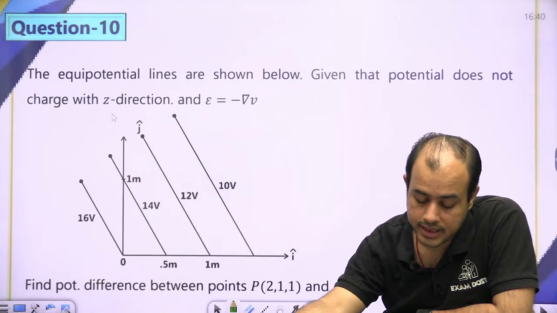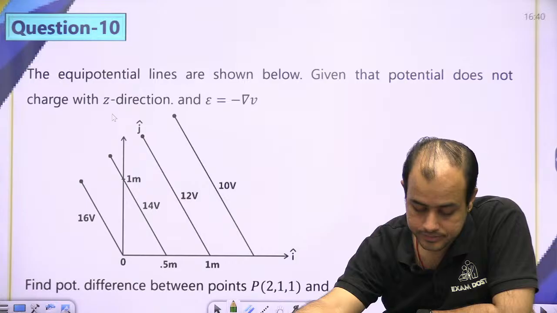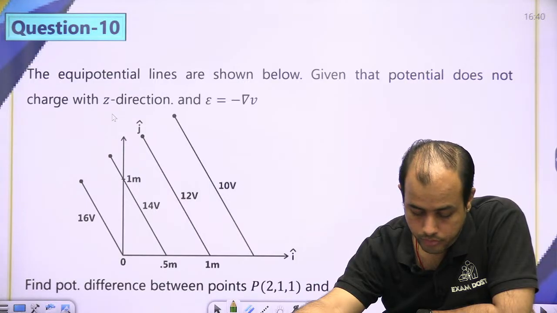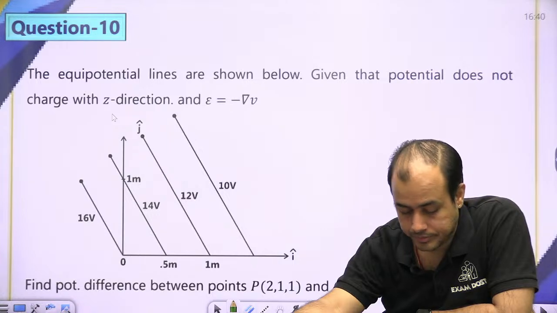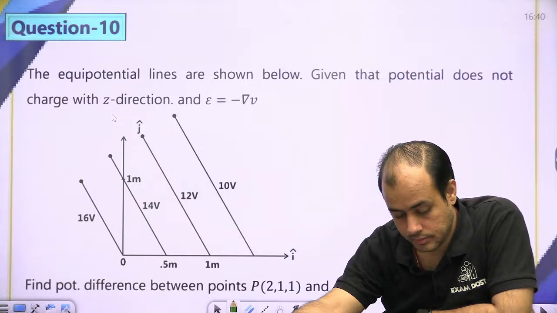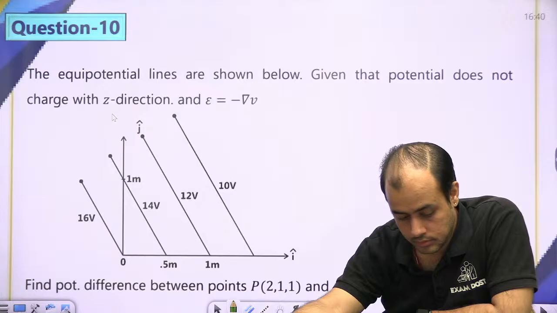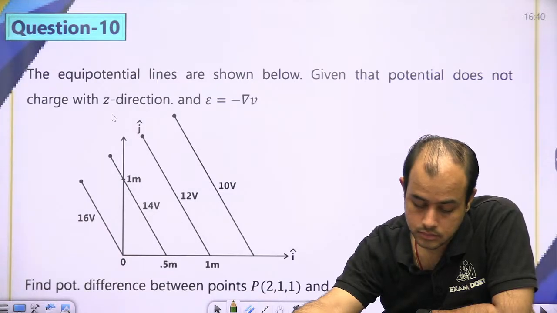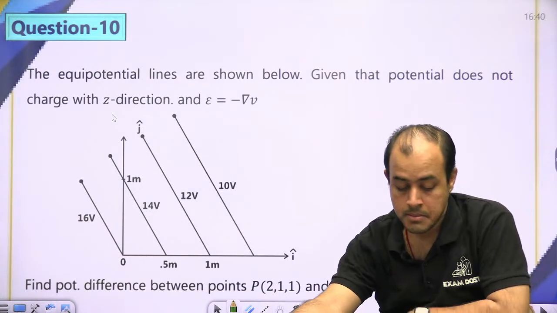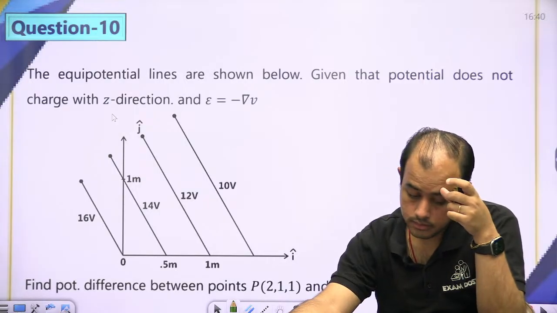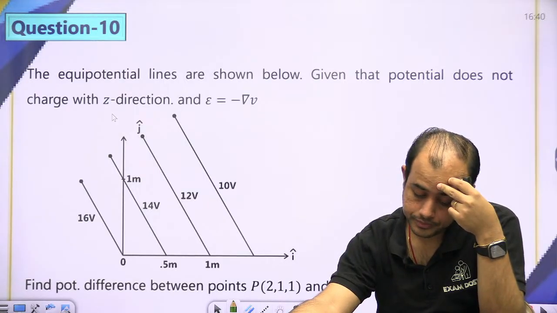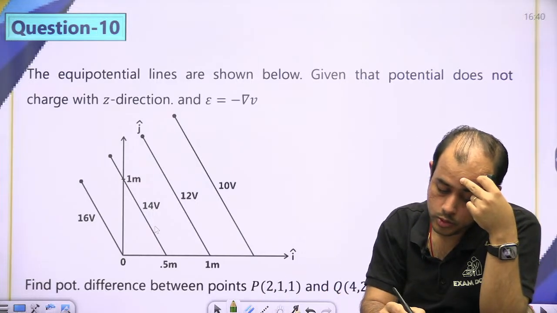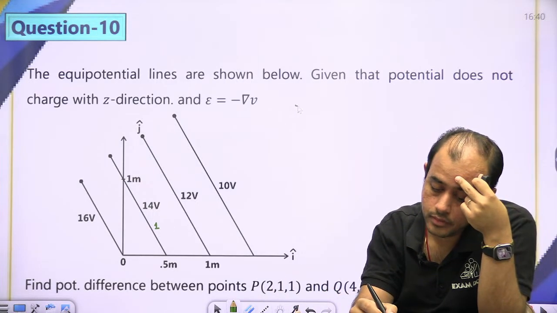Now these are the equipotential lines. So suppose this is line 1.